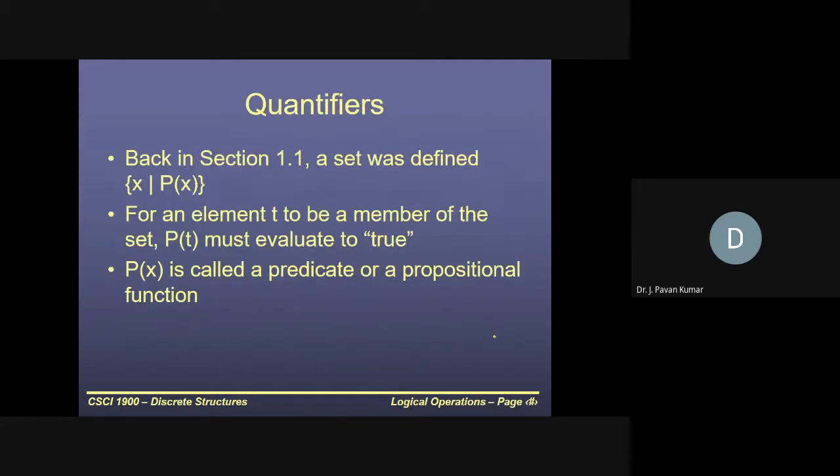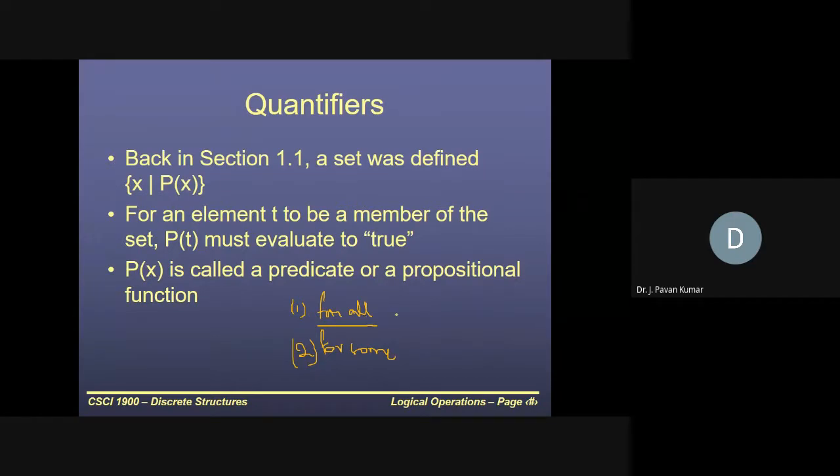In general there are two different quantifiers. One is used to indicate that for all the instances the given statement holds the truth value. Whether it is true or false is secondary, but for all the instances it will hold. The other is for certain instances only, that is, for some values. That is the second quantifier.